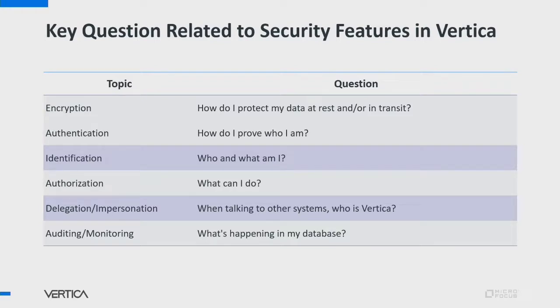In many cases, Vertica connects to external applications and needs to have access to the resources which a Vertica user is requesting. In this case, we speak of the delegation or impersonation process where Vertica pretends to be a user. Finally, we should be able to keep under control the security-related features, monitor and manage them.